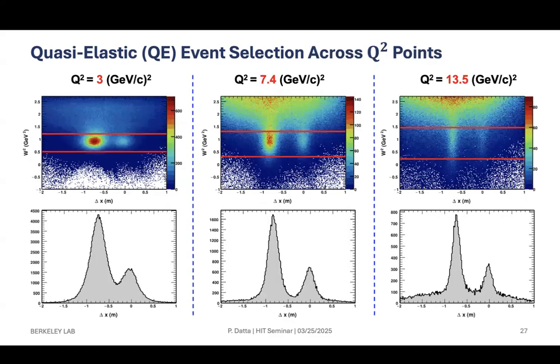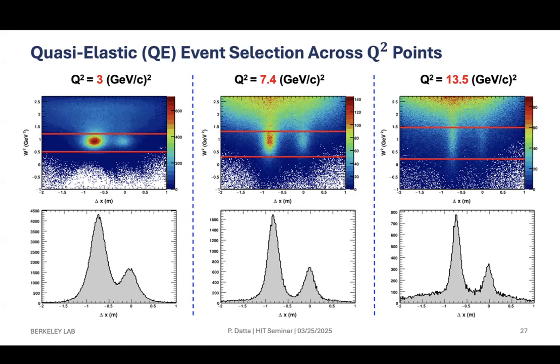Here are examples from the same set of plots, but for different Q squared values. Going from left to right, I'm going from lowest to highest Q squared. If you just focus on the top row, you see that when you increase Q squared, the quasi-elastic peak in the W squared distribution gets broader, and the contamination from inelastic events also increases significantly, which is expected.